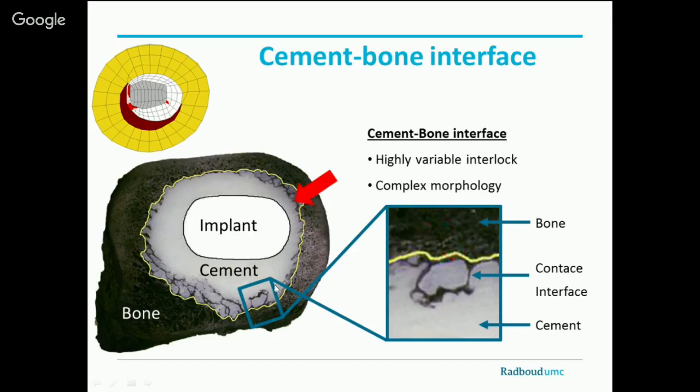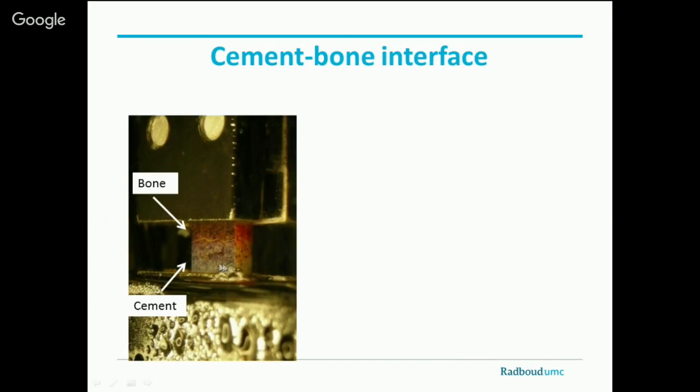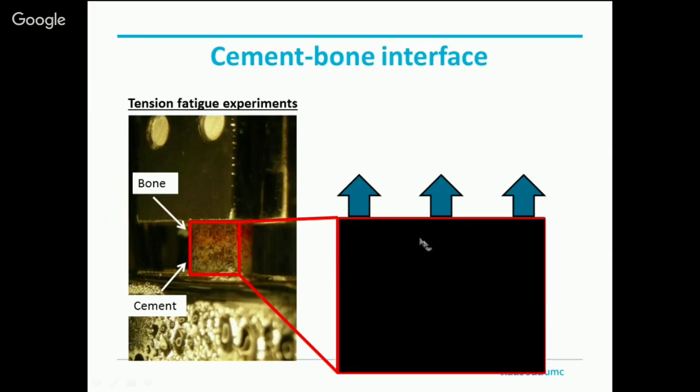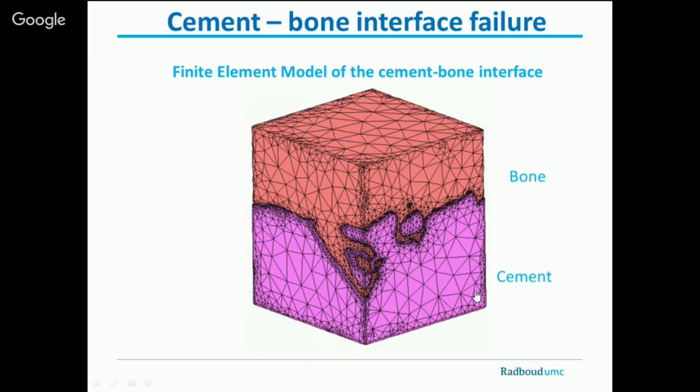So what we did is we took specimens of this complex interface. We made very small specimens, and our collaborators in America did that. And they pulled them apart. So this is bone, and this is then cement. We made micro CT scans of these small specimens.